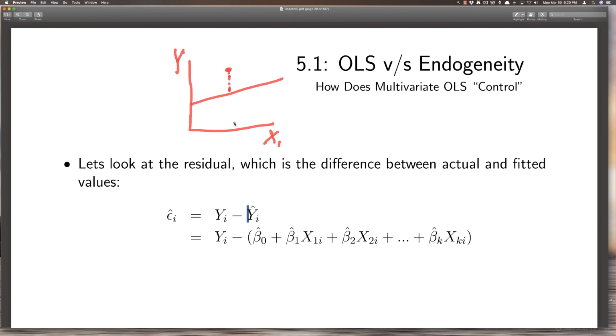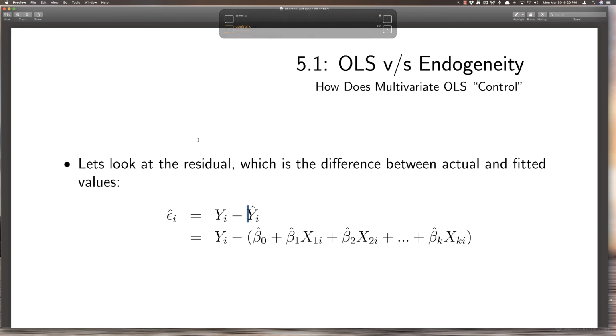So again, you don't really have to be too worried about that three-dimensional way of thinking about it, because metaphorically it's the same as it was here in 2 dimensions. It's the distance of the dot from the line. That's the residual. So what we need to do now is plug in our value for y hat.